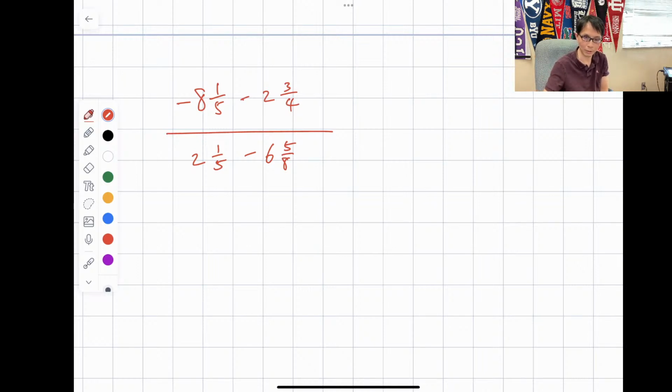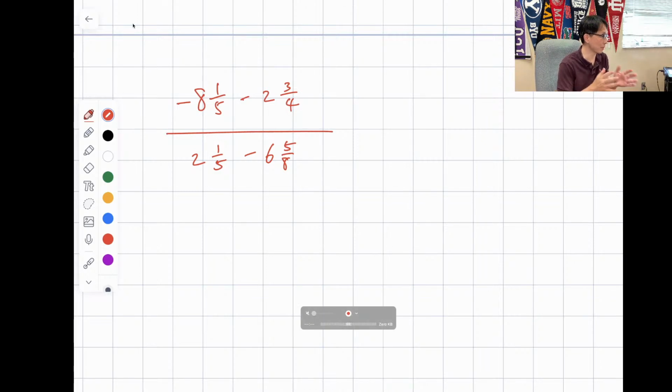Okay, so now this, I didn't draw any parentheses there, but that means there's a parenthesis there.